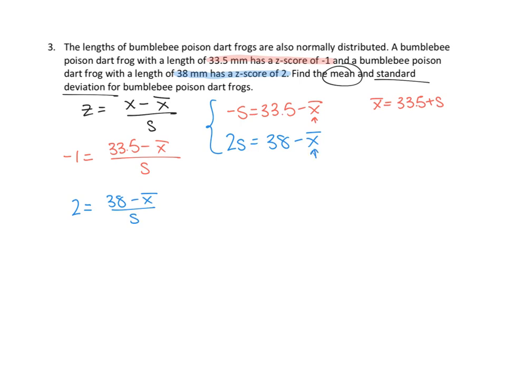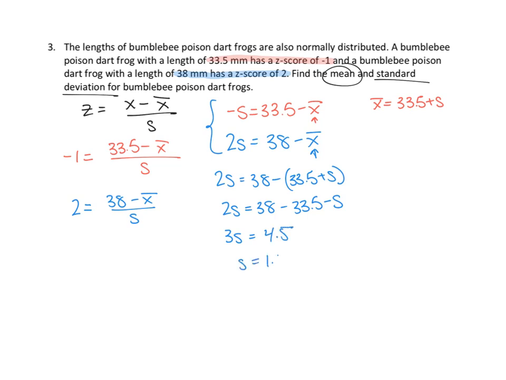So what that would look like would be 2s equals 38 minus (33.5 plus s). And now we have something that we can solve. 38 minus 33.5, just be careful with distributing a negative. If I move that minus s over to the right, I would have 3s equals 4.5 and s equals 1.5.